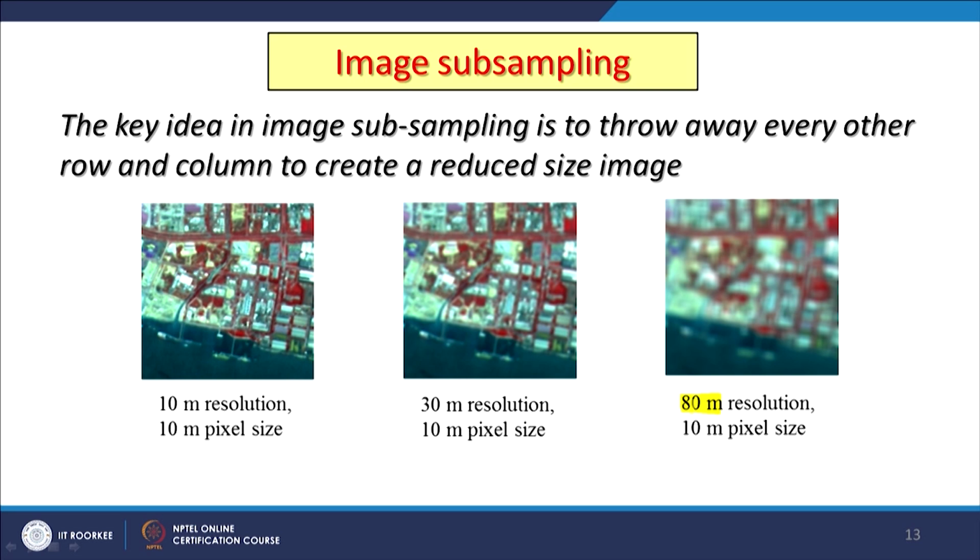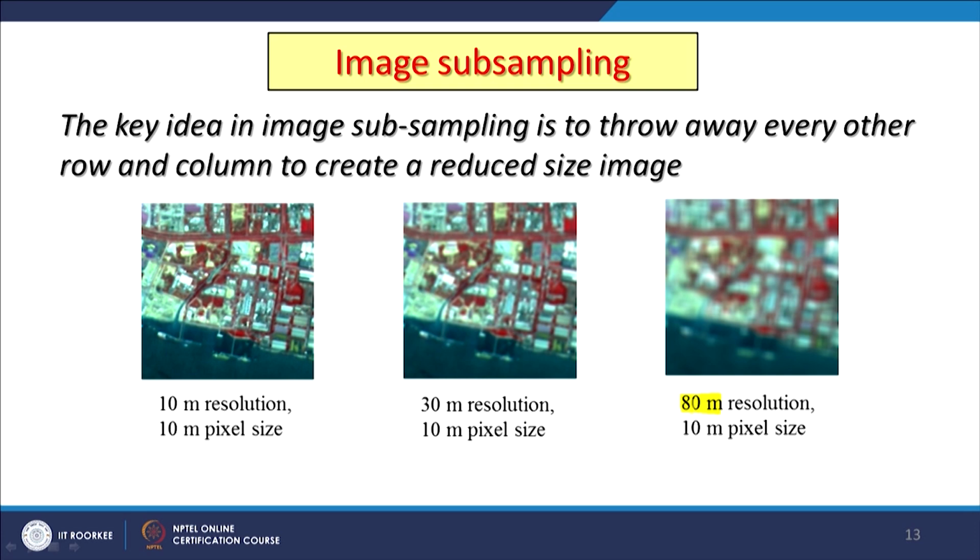Sometimes in some applications, when we are using multiple data sets, all data sets may not have the same spatial resolution. So, we may decide that a data set which has a high spatial resolution should be reduced to a particular resolution. Say we decide on 80 meter resolution.